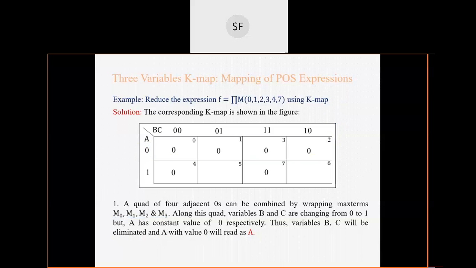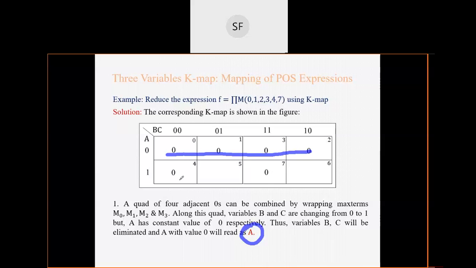So now, okay, so we are done with one combination of one quad. So these four zeros we have covered, and for this combination you have also got one term, that is only A. Now, but you have to cover all zeros. Okay, so out of these six zeros which were in the function, two are again remaining.